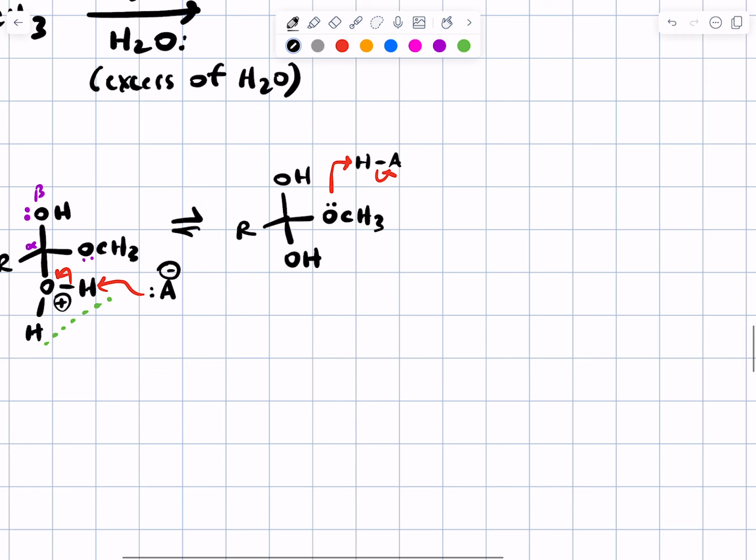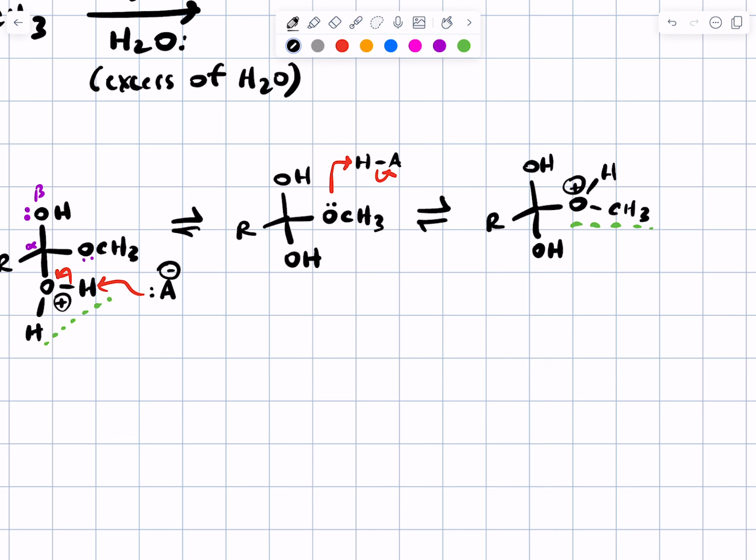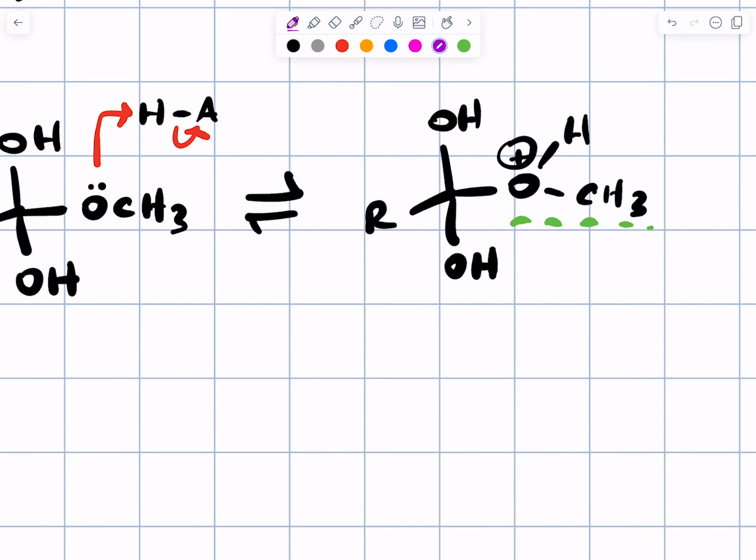That would lead us to the following intermediate, where again you will see that we have a potential leaving group, which I'll underline in green. And then adjacent to that leaving group, we have two potential kicker offer atoms. So here's the alpha position relative to the leaving group.